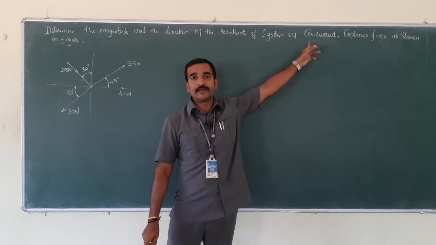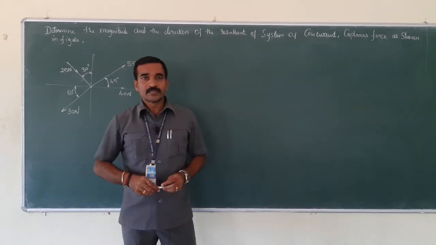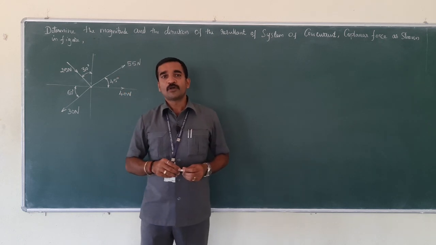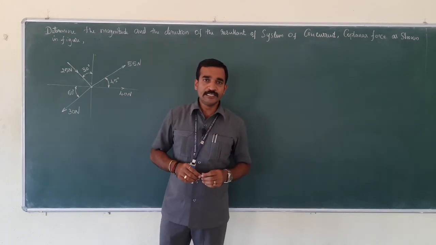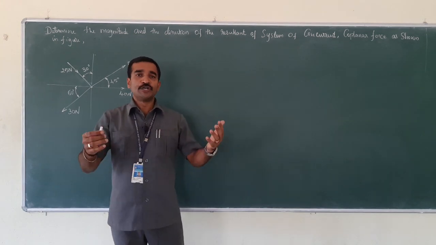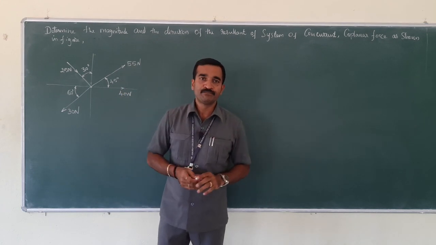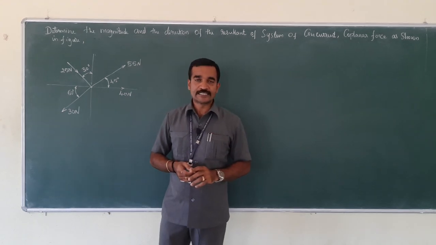So that is concurrent. What do you mean by resultant? When several forces or a number of forces acting on a particle are replaced by a single force which could produce the same effect as produced by the given forces, that single force is called the resultant.